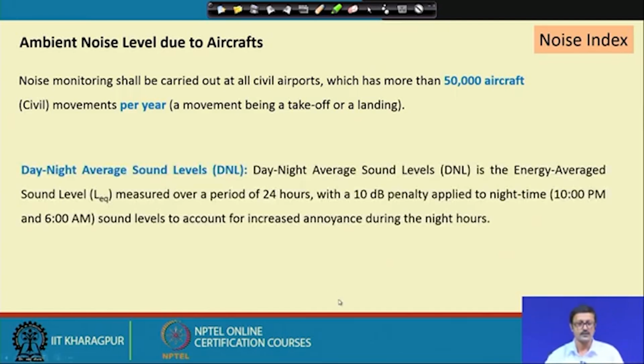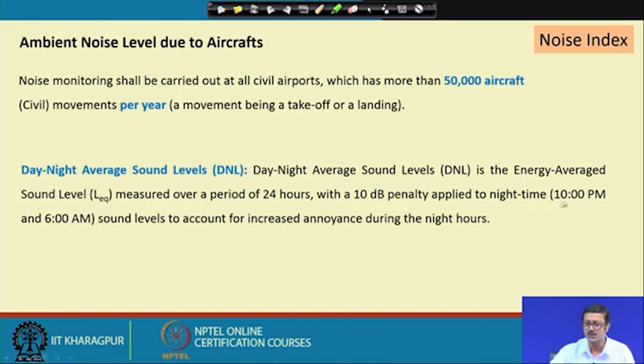For that, a DNL, that is the day night average sound level, has to be considered, where the L equivalent has to be measured for the 24 hours period with 10 dB penalty for the night time. I will explain that in the next slide.